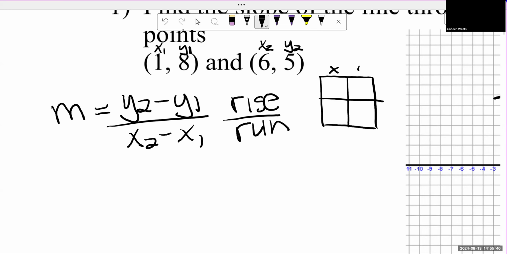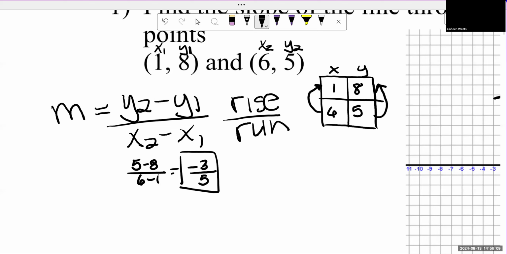So we have (1, 8) and (6, 5). I want to go Y2 minus Y1 over X2 minus X1. So 5 minus 8 and 6 minus 1, which is -3 over 5, which agreed with our slope triangle.